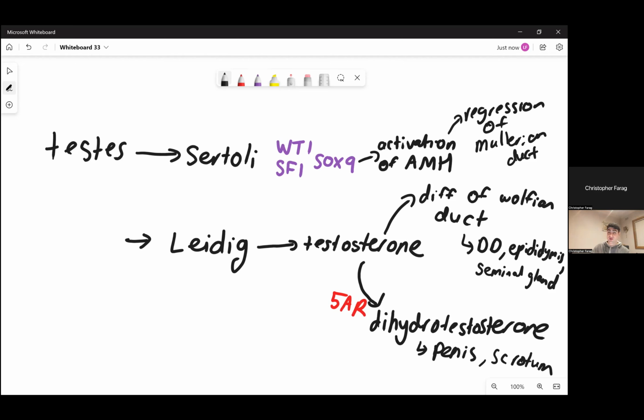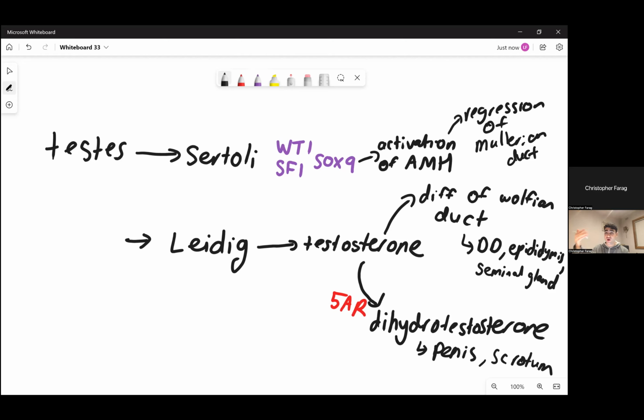So just a quick summary of where we are so far. The genetic sex, right? Chromosomal complement, presence of a Y chromosome. We said they were male. Primary sex, so what reproductive tract were they born with at birth, okay? And in the testes, to grow the testes, we needed low DAX1 and we needed high SRY, okay? And then once we form those testes, we have the testosterone producing our internal structures, the dihydrotestosterone producing the external structures, and these key genes, WT1, SF1, SOX9, causing anti-Müllerian hormone to regress the Müllerian duct.